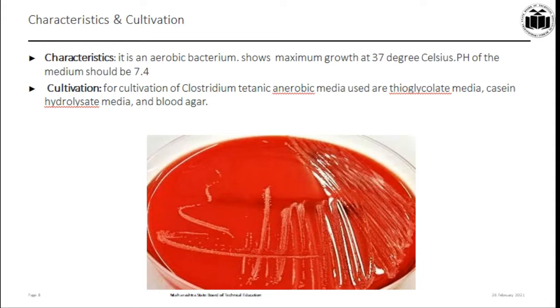It shows maximum growth, and in such a way they produce colonies.